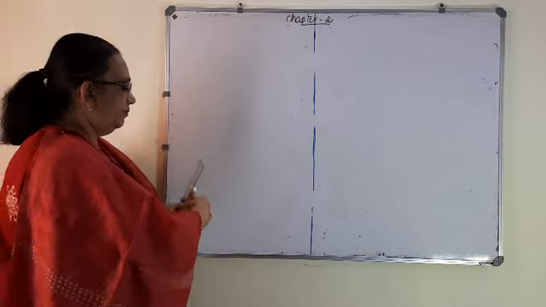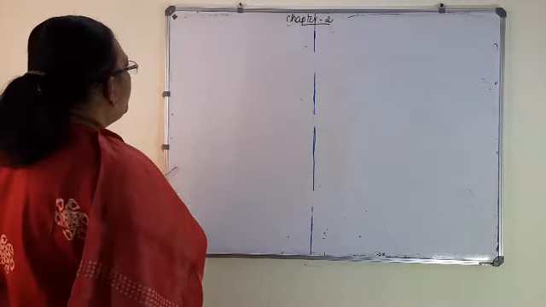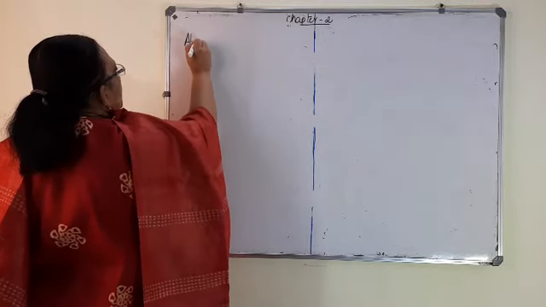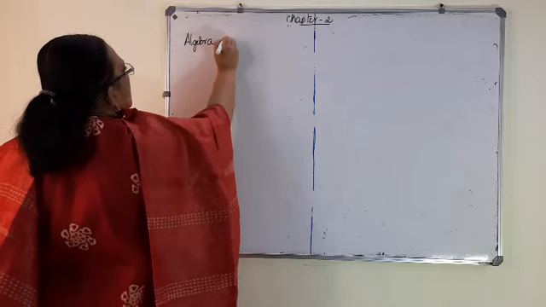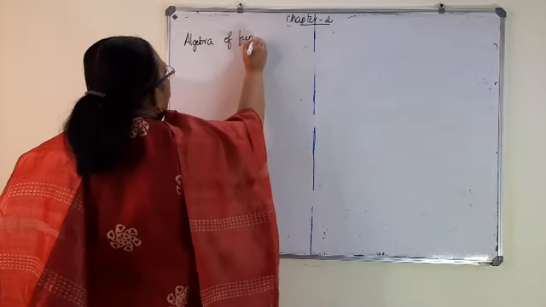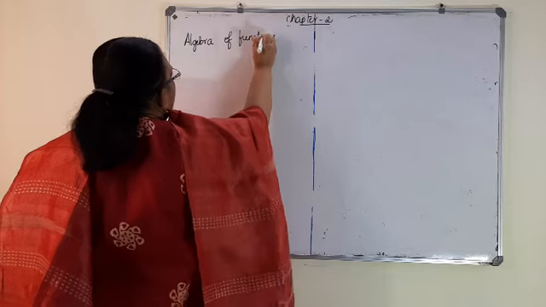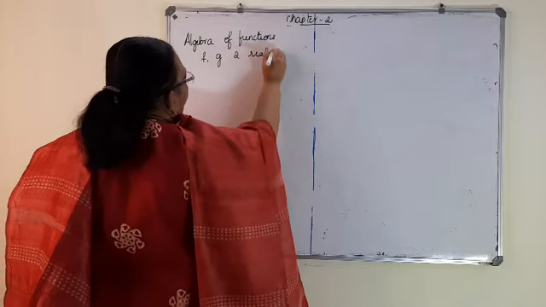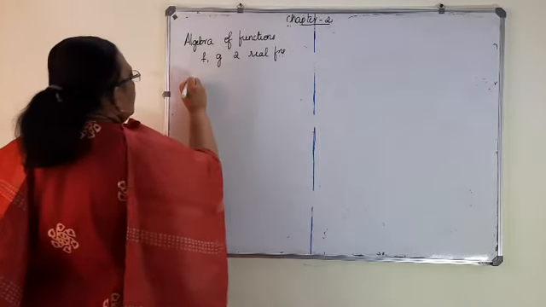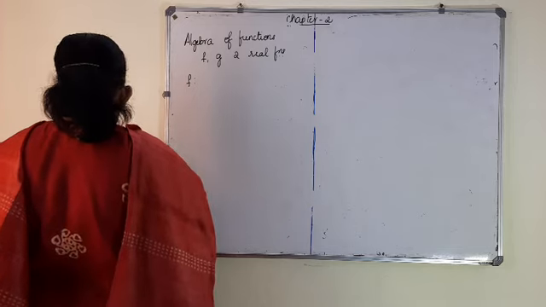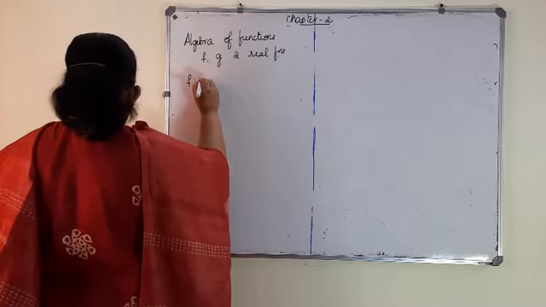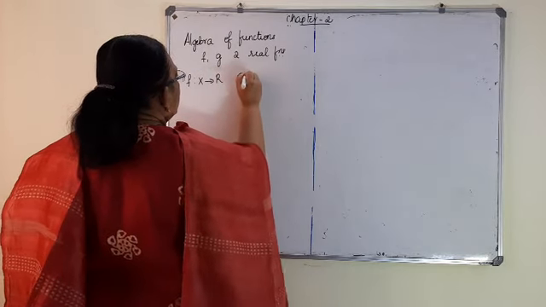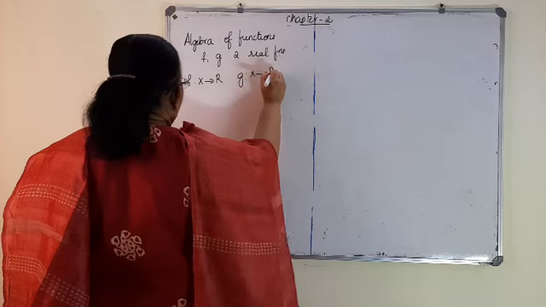Algebra of functions. Let f and g be two real functions such that f is a function from x to r, g is a function from x to r.